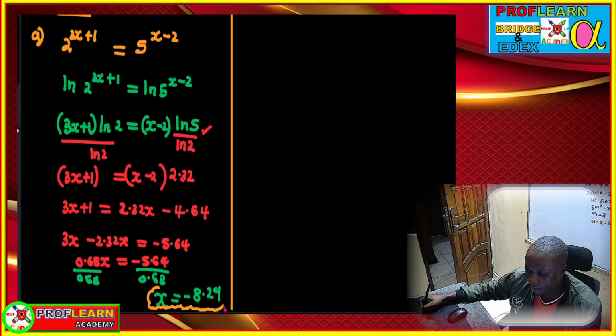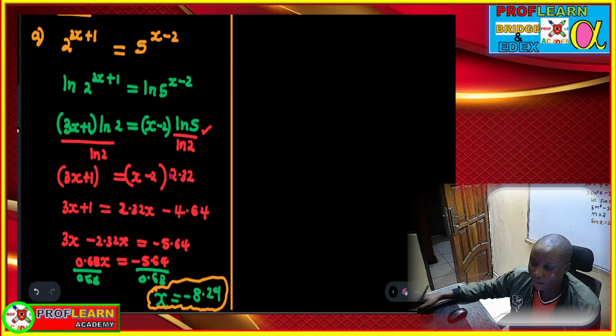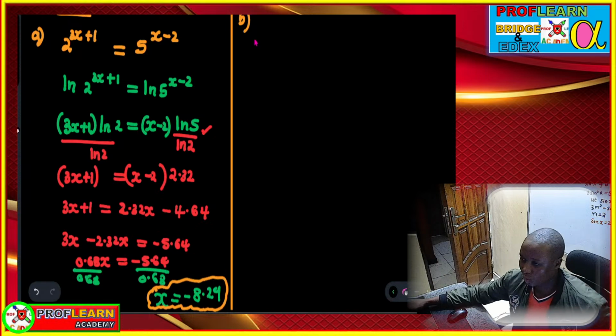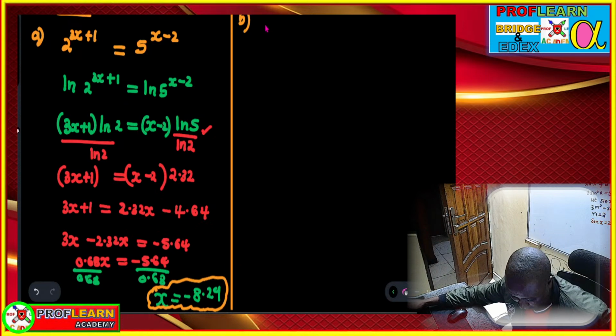So anytime you are having a scenario whereby the equation cannot be expressed to the same base, you can either introduce logarithm or you can introduce natural logs in that case. So case scenario 2, you may be asked to solve a question to do with exponents. That would be e to the 2y plus 1.